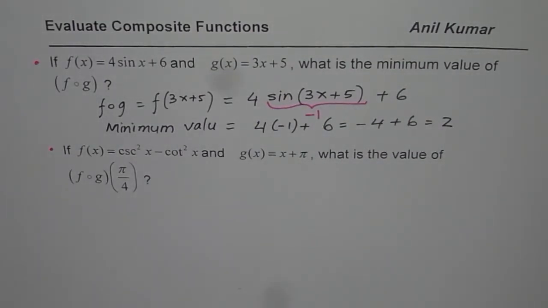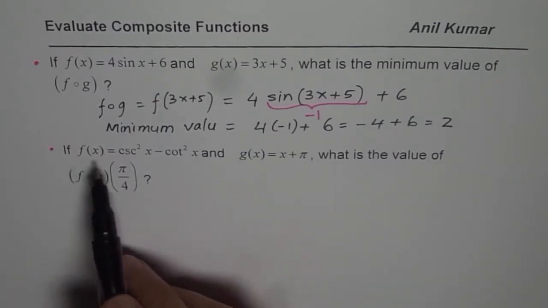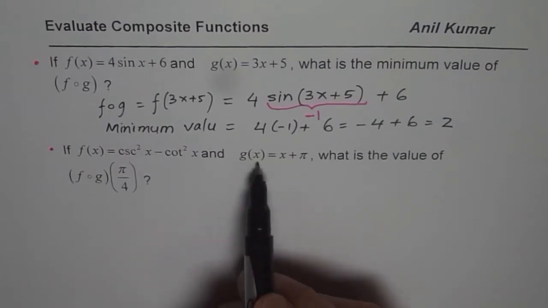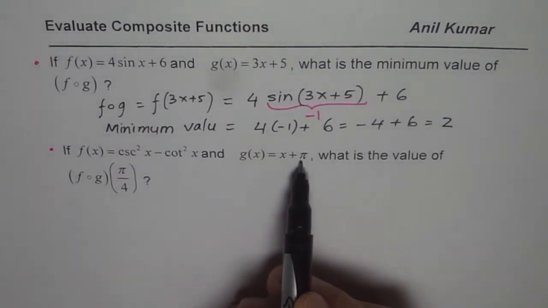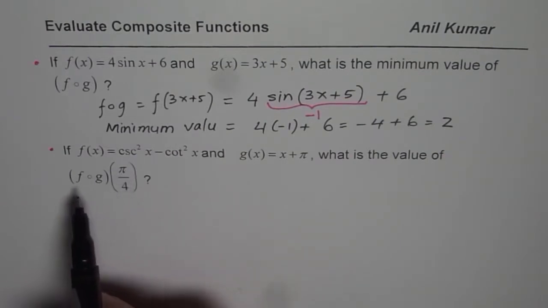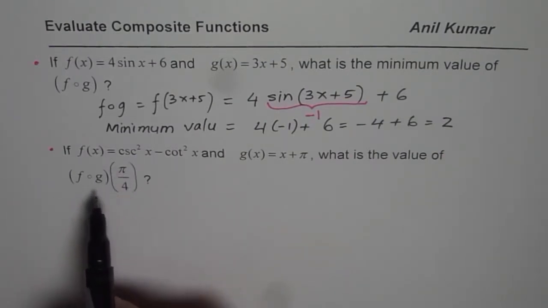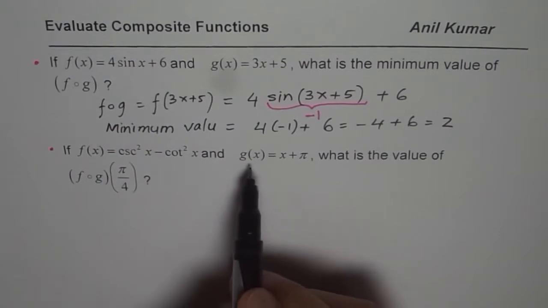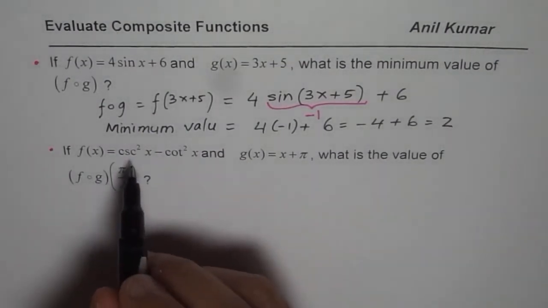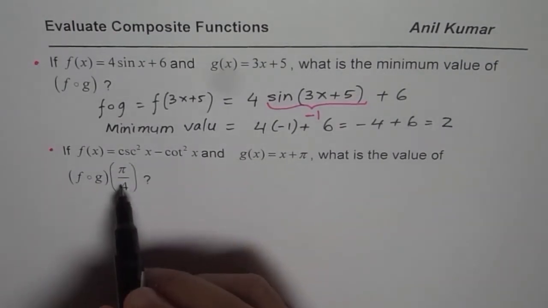Now the next question here is, if f of x equals cosecant square x minus cot square x and g of x is x plus pi, what is the value of f of g of pi by 4, right? In this particular case, we can first find g of x, and then find f of x for that value, correct?